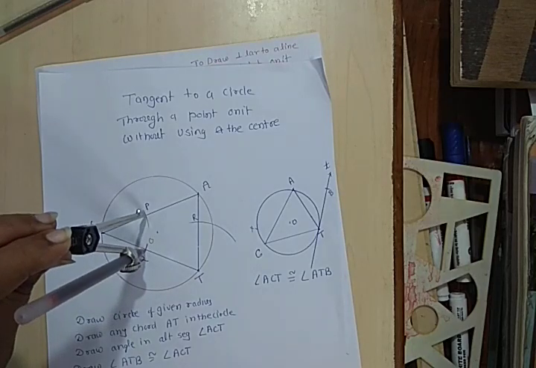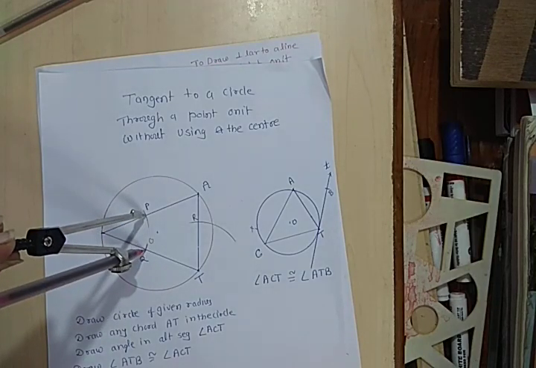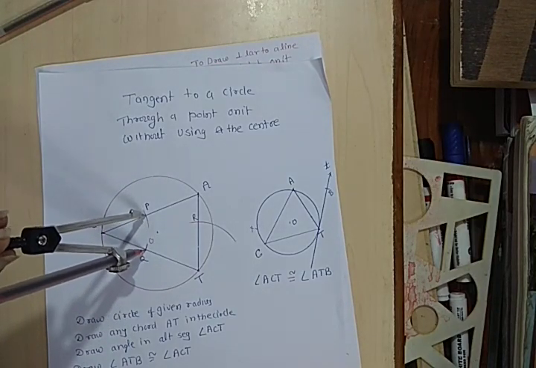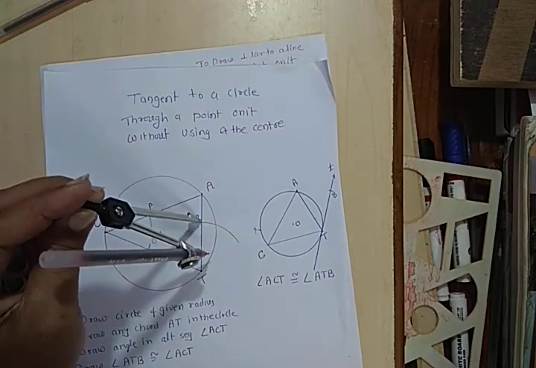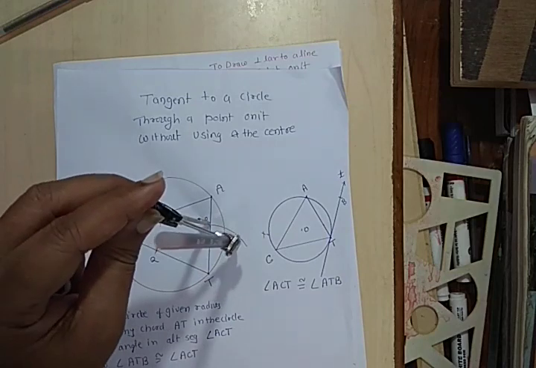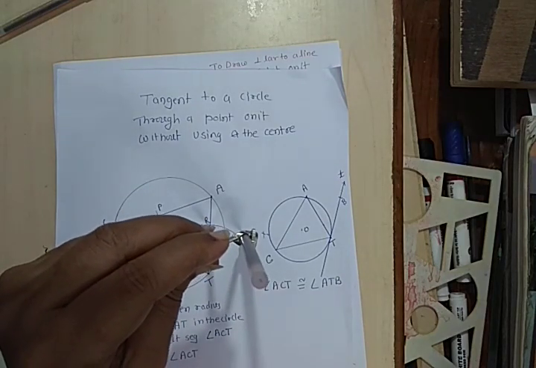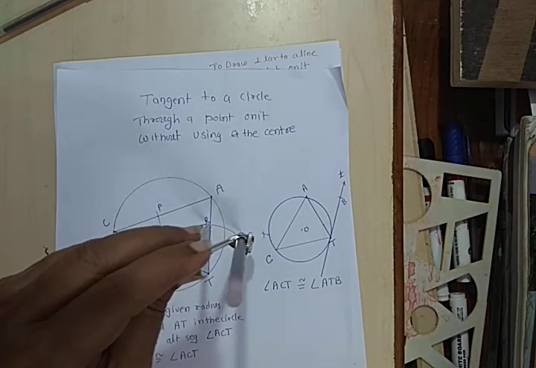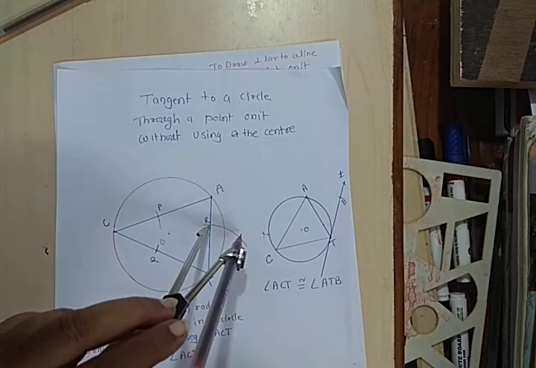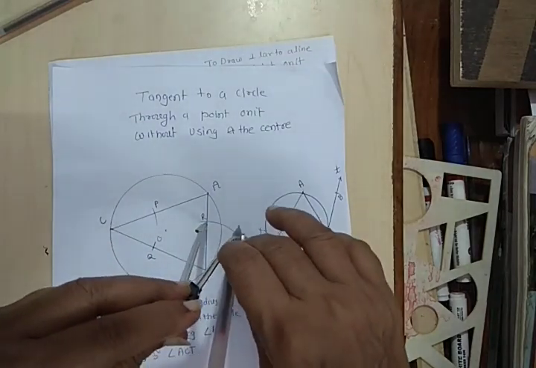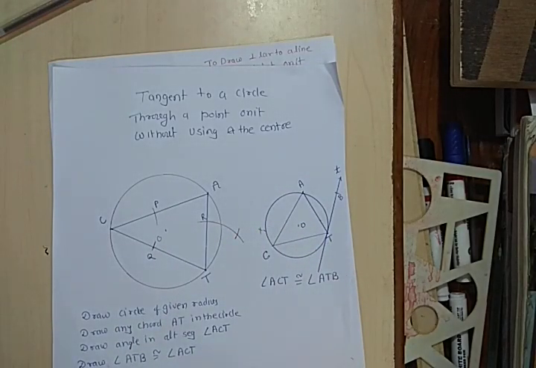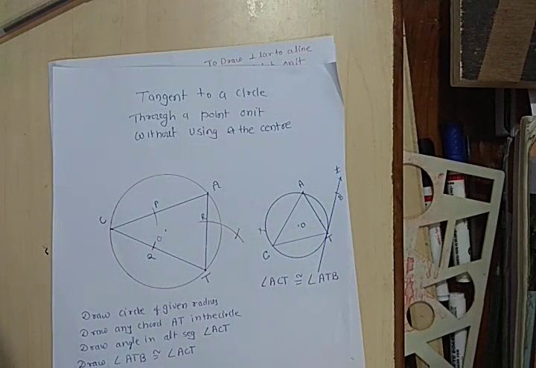Can you see? Measure PQ. Put your pointer on R. Cut the arc. This point is S.